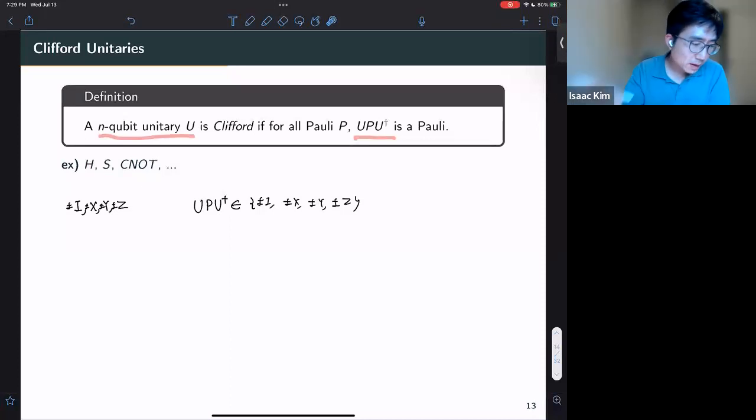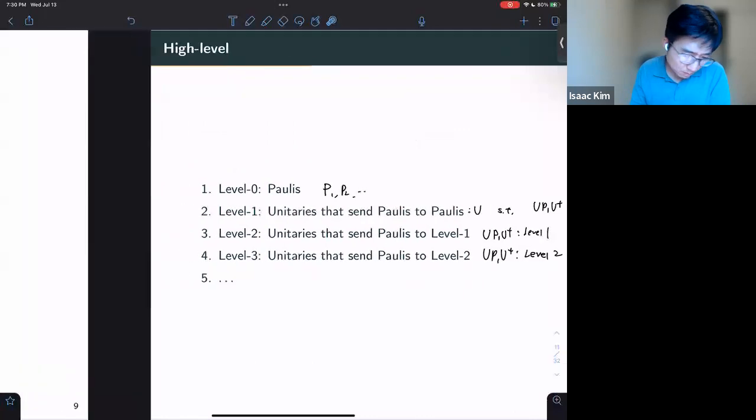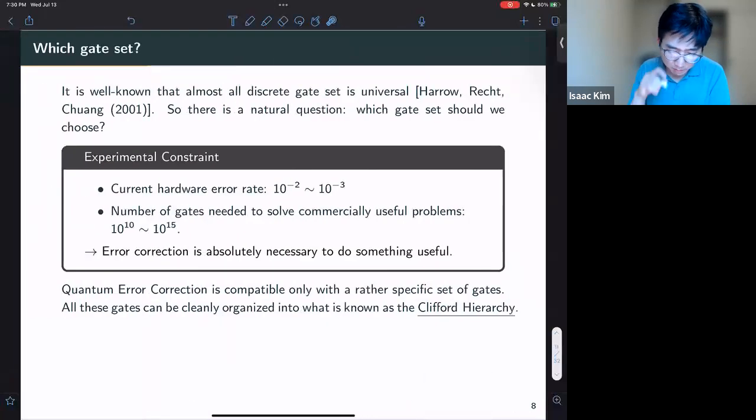I guess it's mainly because, different people have different ideas, but my perspective is that to do useful quantum computation, you have to do quantum error correction.